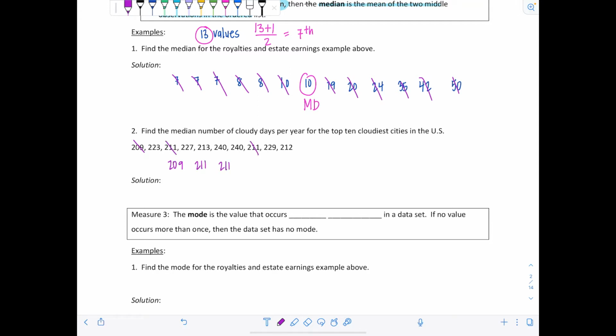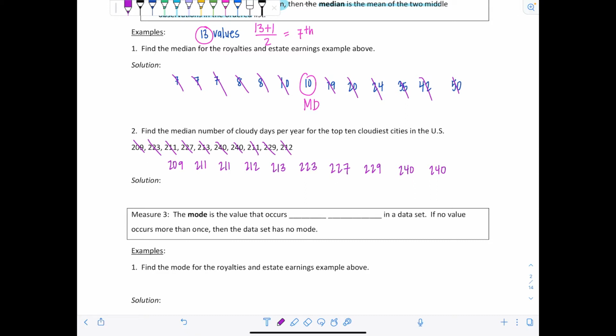What's next? 212, 213, and then we have 223, 227, and then 229 and 240 twice.